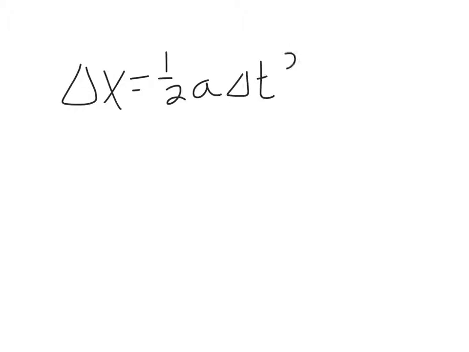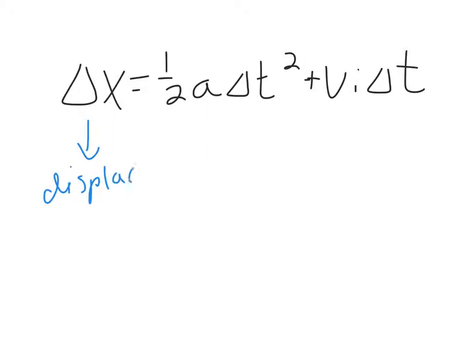Okay, here is our second equation. Delta x equals 1/2 a delta t squared plus v initial delta t. Delta x is displacement. a is acceleration.